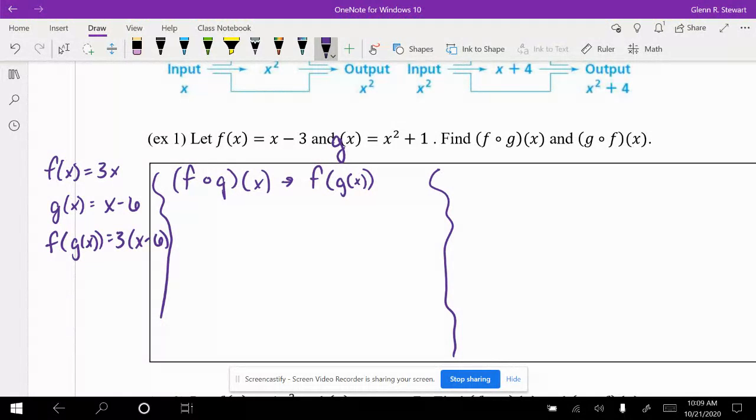So coming back over here, first thing that we want to note is that our f of x is x minus 3. So where that x is, I'm going to be plugging in x squared plus 1.